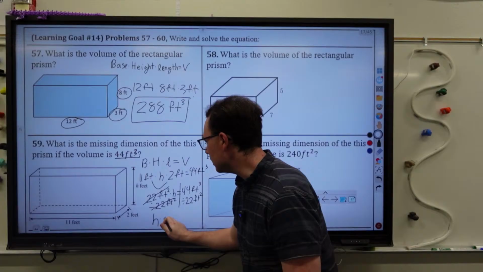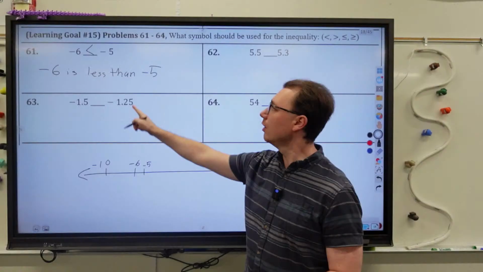For 63, it's a bit of a tricky question. We're still dealing with negatives here, but now we have decimals. If I zoom in between -2 and -0 on our number line, and write out this line from 0 to -2 with -1 in the center, I could plot -1.5 and -1.25 on this graph.